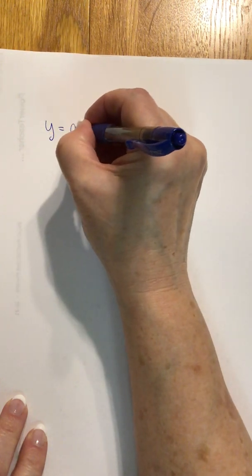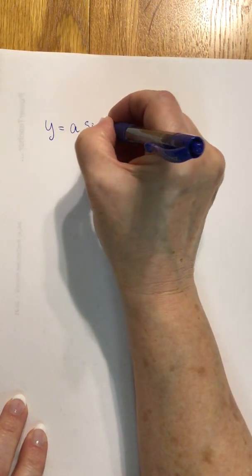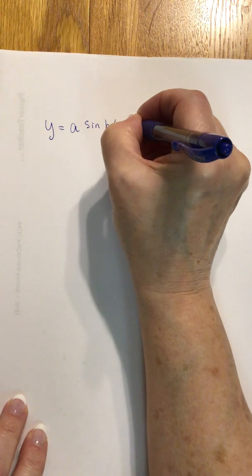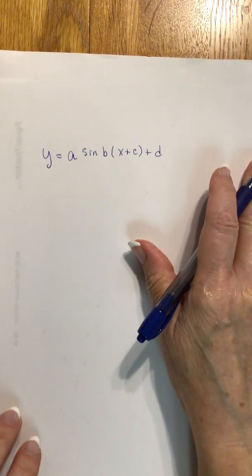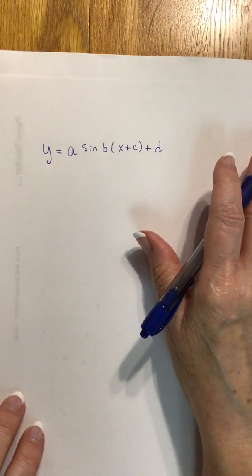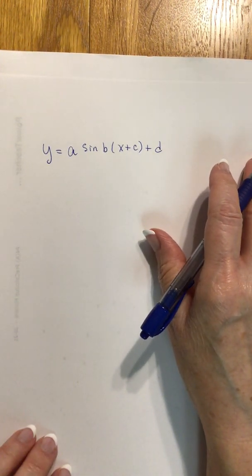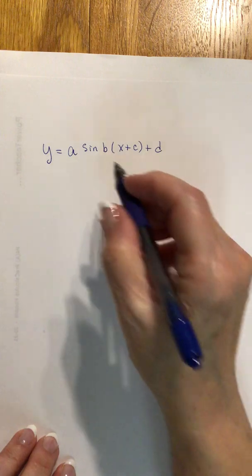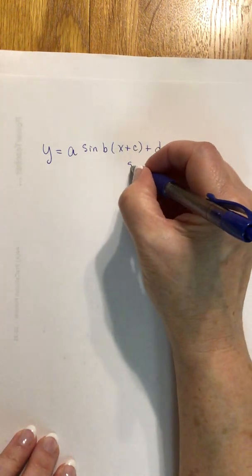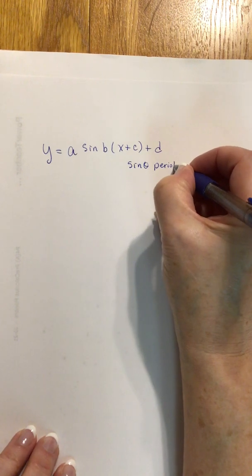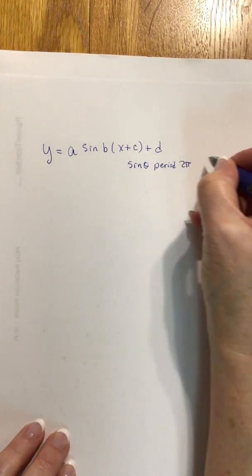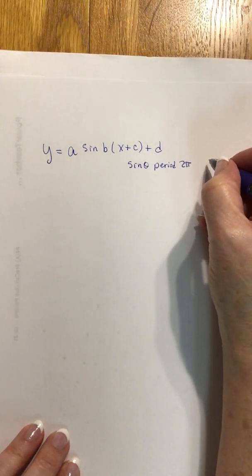So I'm going to look at y equals a sine of (bx plus c) plus d. Now, a, b, c, and d are all going to be different kinds of transformations that it's going to make to it. So we're talking about the sine function first. The sine function has a period of 2 pi, so it repeats every 2 pi.